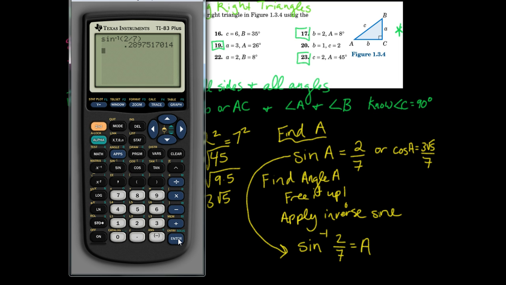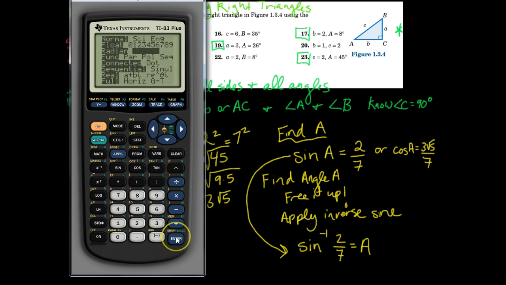Okay, something seems wrong because I'm getting like 0.28. That doesn't seem like a very good degree measure. That makes me think I need to check my mode. I'm going to hit the mode button, and I'm in radian. I want to select degrees.